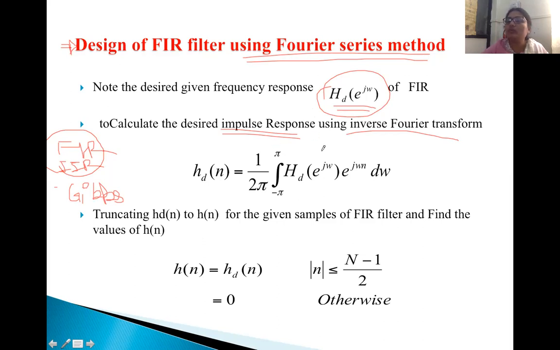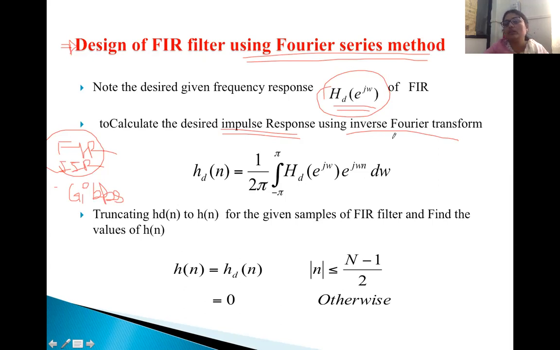How do we find it? By applying the inverse Fourier transform. With the inverse Fourier transform, we could convert the transfer function in the frequency domain into the time domain.